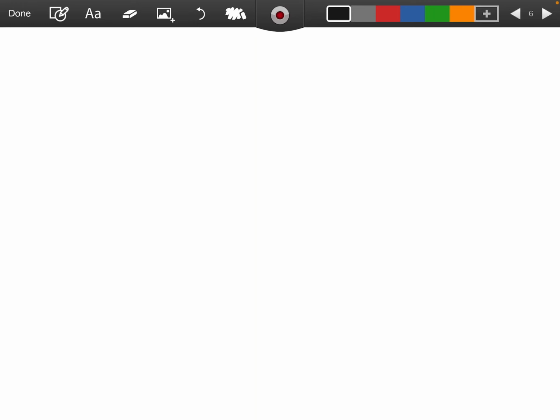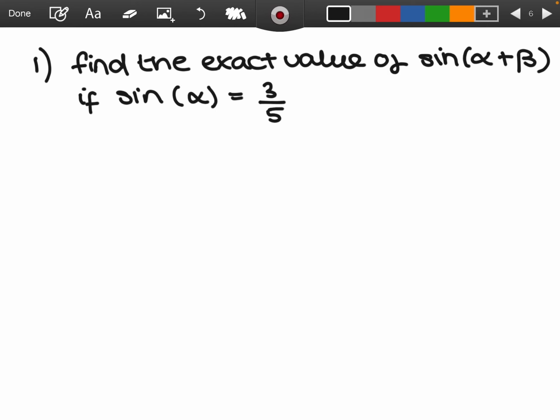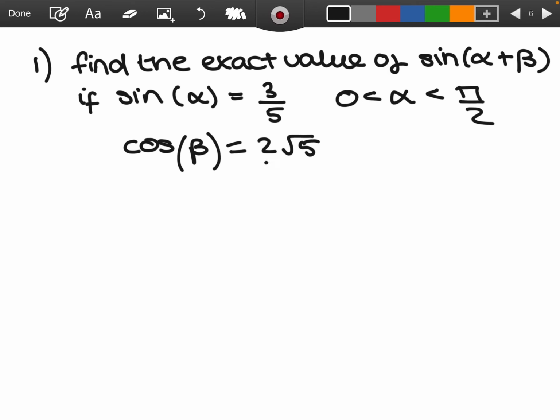First problem that I want to look at for this example is to find the exact value of sine of alpha plus beta if I know that sine of alpha is equal to 3 over 5 and alpha lies in quadrant 1, and cosine of beta is 2 times the square root of 5 over 5 and beta lies in quadrant 4.